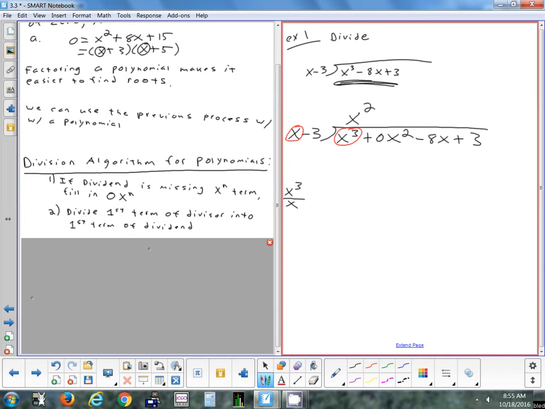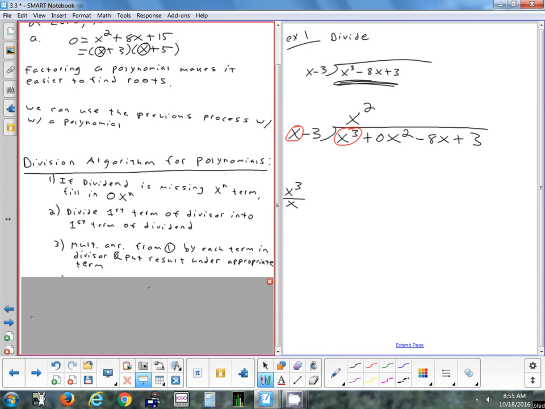Now what I'm about to do, I need to line things up in columns. We're going to multiply our answer from step 2 by each term in the divisor. So basically we're going to multiply this back out to each term, and make sure you put the result under the correct column.